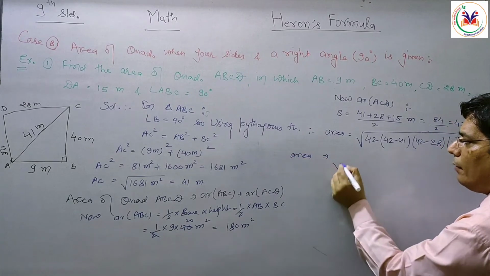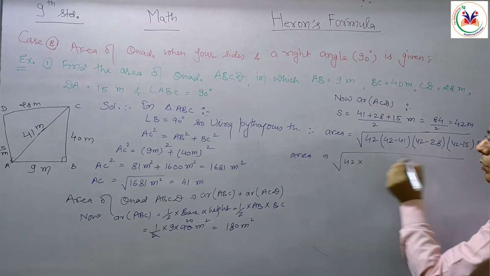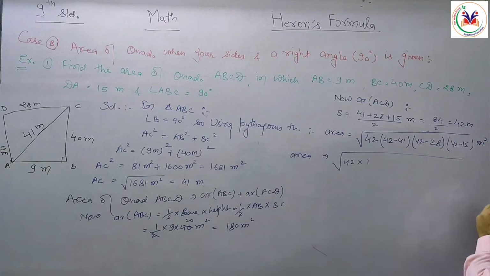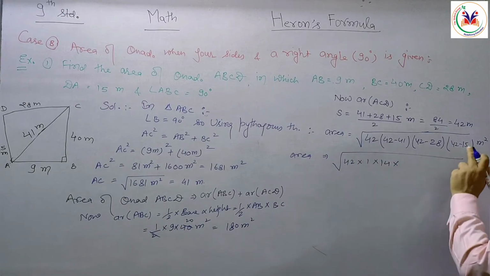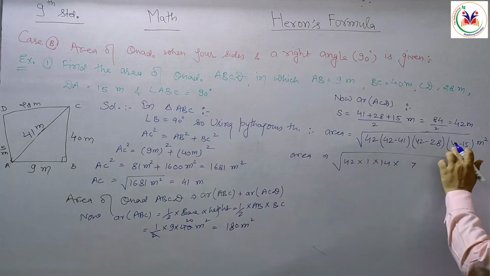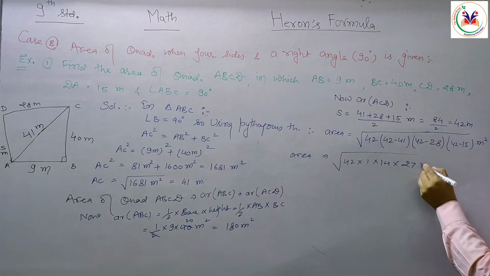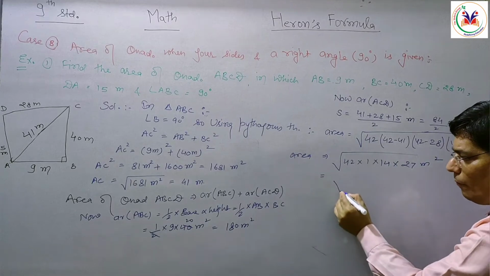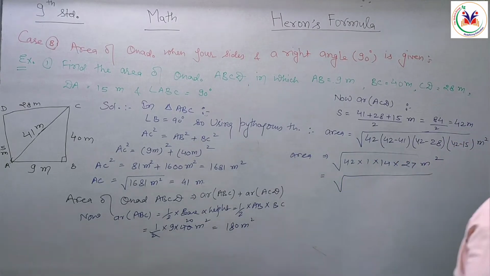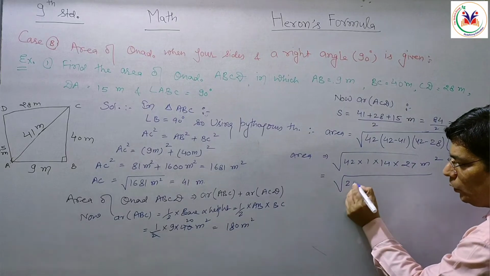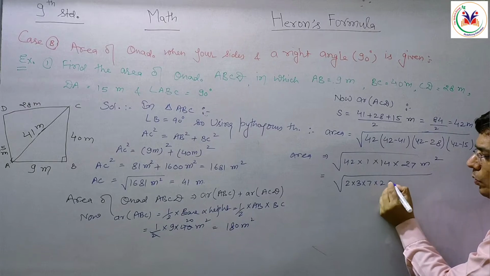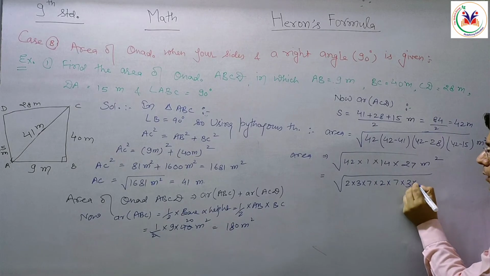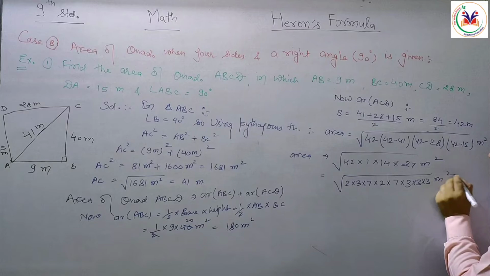Again area, 42 into 42 minus 41 equals to 1. 28, क्या आएगा आपके पास, 12 and 2, 14. 15, 12 minus 5, 7, 3 minus 1, 2, 27 meter square. Now what should we do? We should calculate the factors of 42. 2 into 3, 2 3 जा 6, 7 जा 42, 14 का 2 into 7, 27, 3 into 3 into 3 meter square.